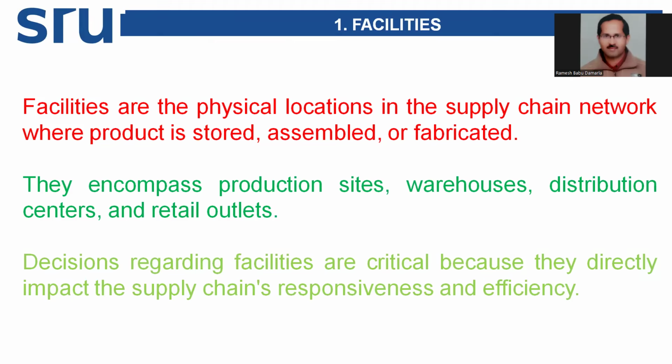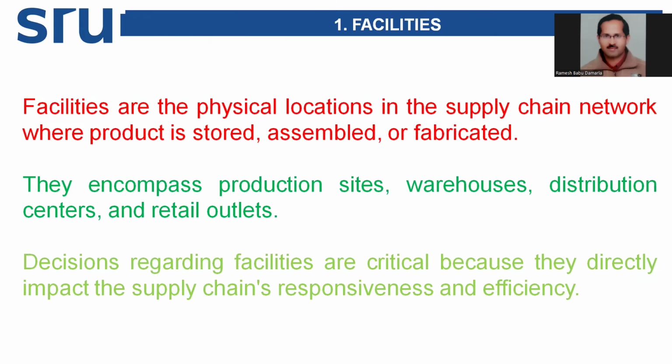So they encompass production sites, warehouses, distribution centers, and retail outlets. So decisions regarding facilities are critical because they directly impact the supply chain's responsiveness and efficiency. If the facilities are near to the requirement, the response would be quicker.